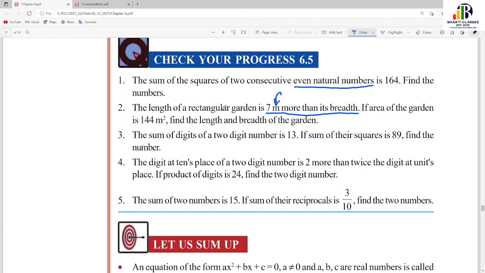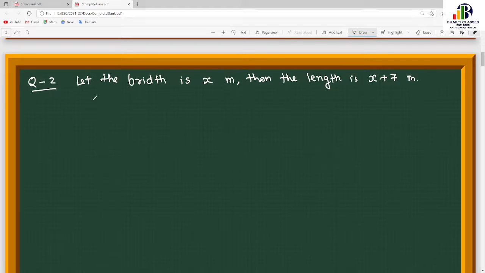So another thing is given, area of the garden is 144 meters square. So area of the garden is equal to 144 meters square.